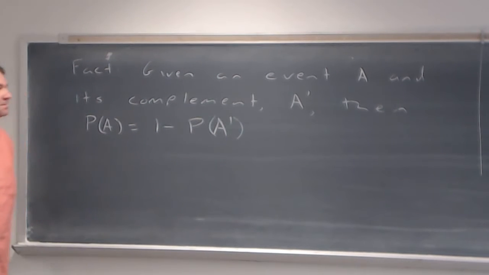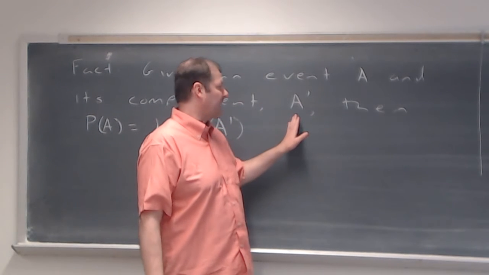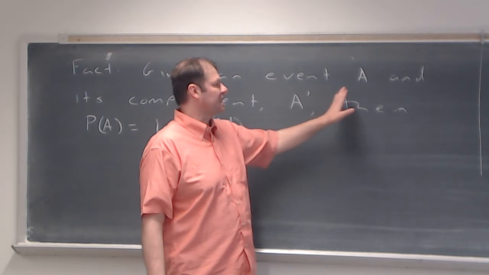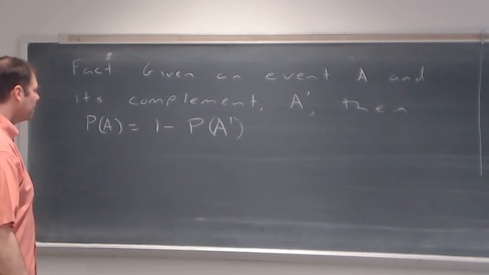Now, A complement is everything in the sample space that is not in A. It's the set of everything in the sample space that isn't in A. So it's the opposite, if you will.